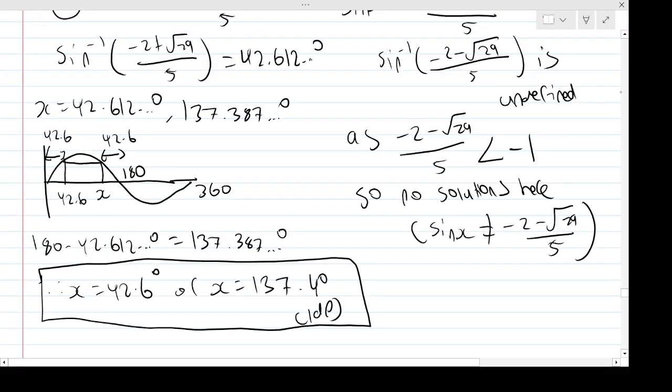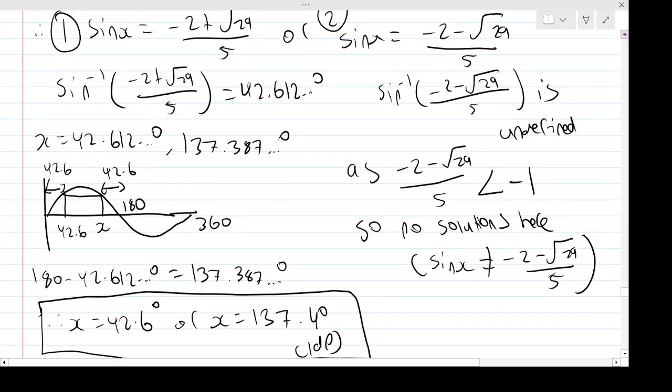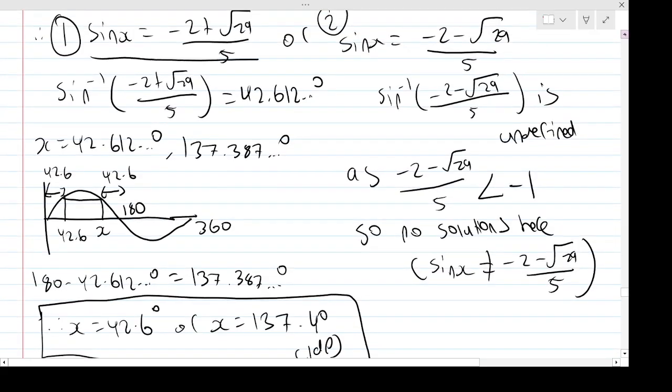Remember we ended up solving sine of x equal to this, and then sine of x was negative. The second equation here had no solutions. With this, sine x is (-2 + root 29) over 5, and we got these two solutions here.